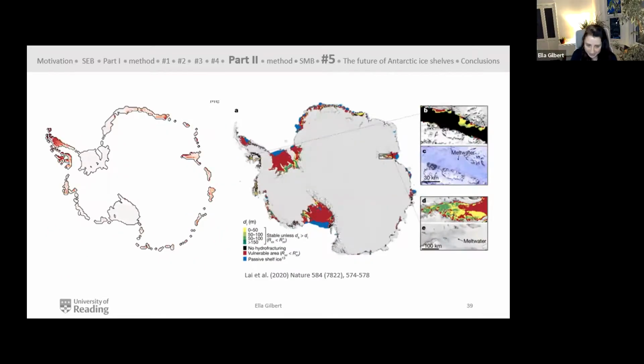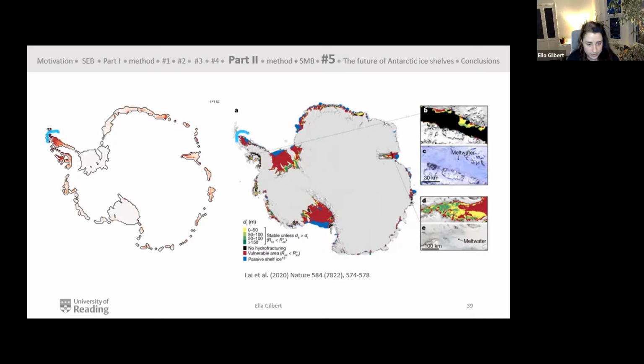And to do that, we cross-referenced our results with those of Lüthje. And this is a really interesting paper that looks at the vulnerability of ice shelves to hydrofracture from a more glaciological perspective. And we essentially identified those ice shelves where we found considerable runoff and where Lüthje found the ice shelf could be vulnerable to collapse.